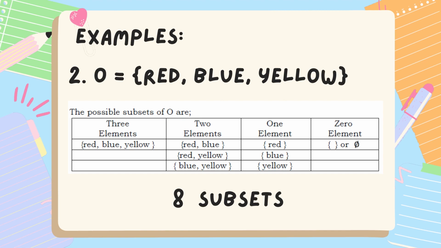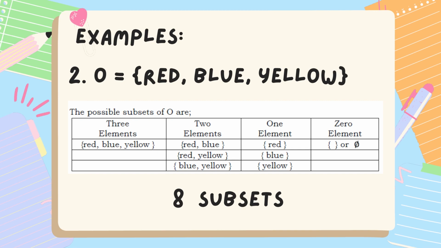Let's try to write the subsets of set O with elements red, blue, and yellow. For the first subset, we copy the given set, red, blue, and yellow. That is what is written in the first column. For the next column, using organized listing, combine two elements.